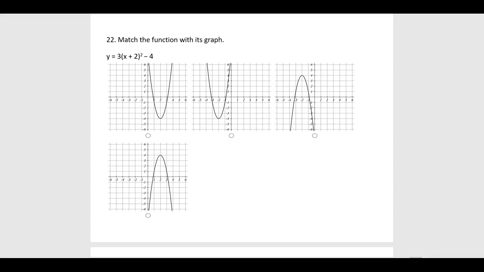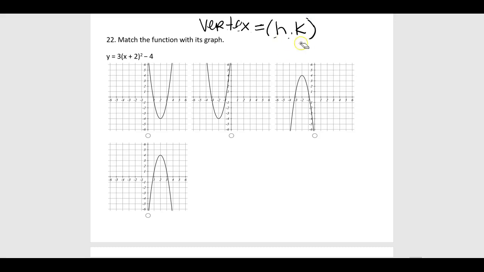Now let's match the function with its graph. So we have y equals 3 times x plus 2 squared minus 4. So again, this is vertex form for the quadratic. So remember that the vertex we get from what we call h and k.